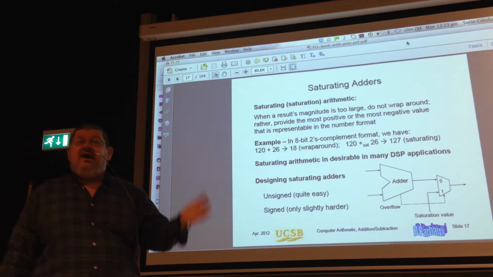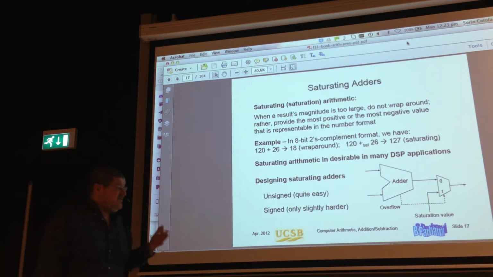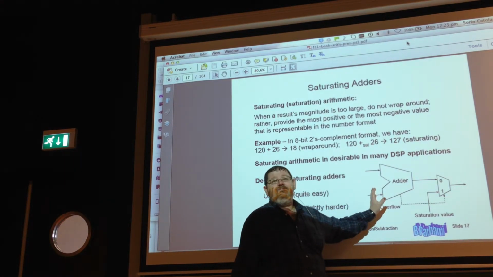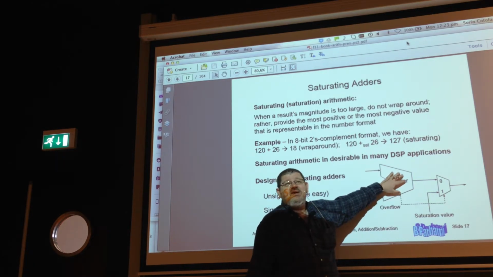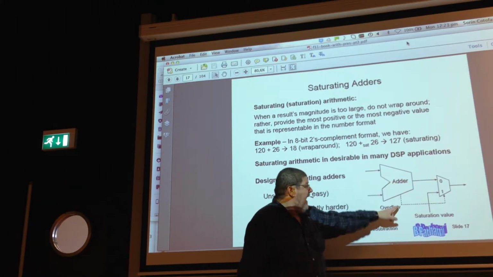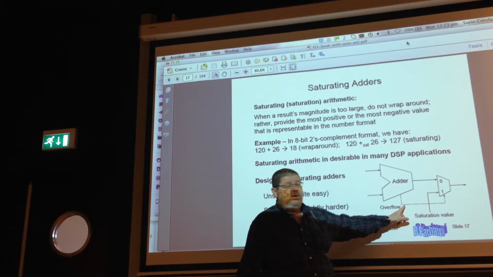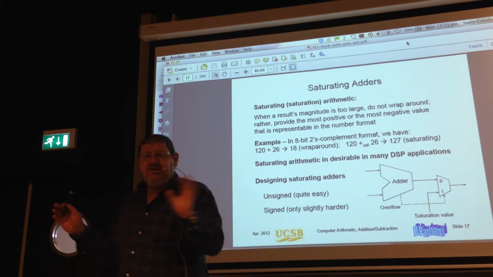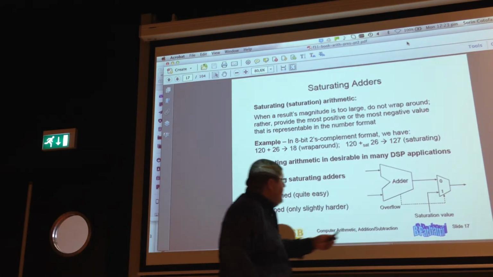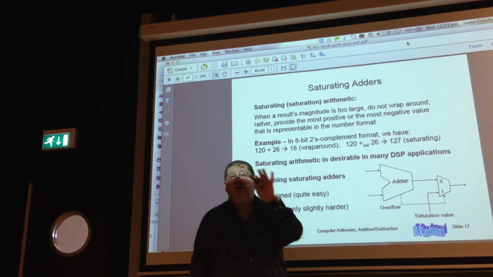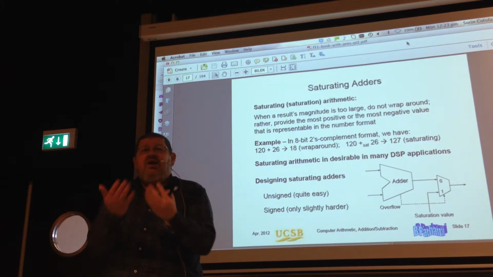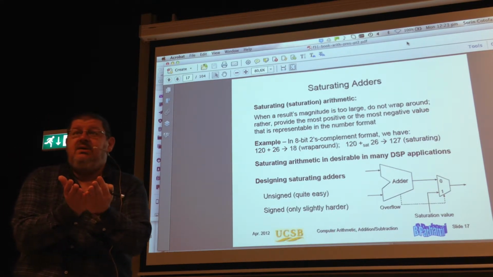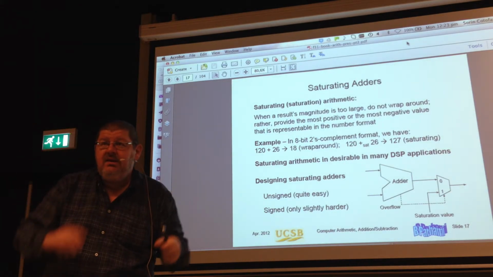Now, to deal with that kind of situation, most digital signal processors have a beautiful adder which looks like this. Here I have a ripple carry adder or whatever adder. I have the overflow, which is a signal telling me the result is larger than something. I compute this overflow depending on what my maximum value is. Then I have to inspect the result in the same way I inspect it for 0, so I will need some gates.